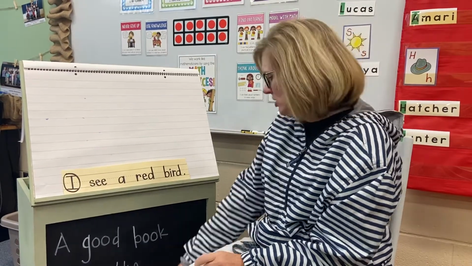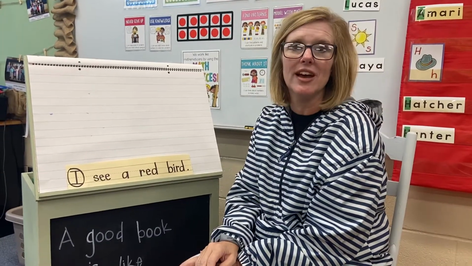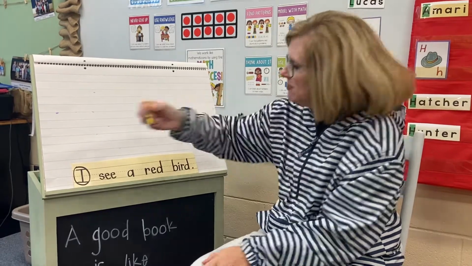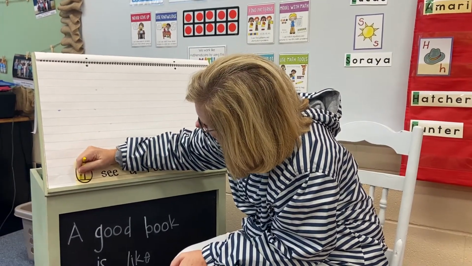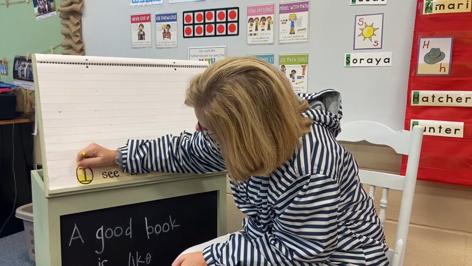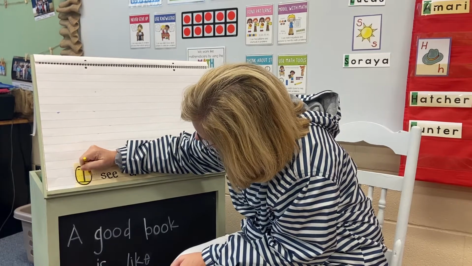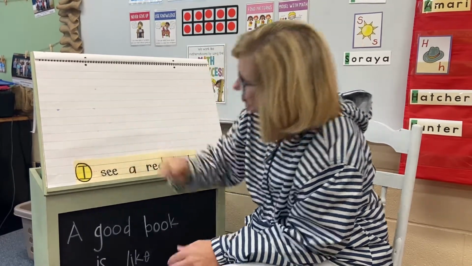So what we do sometimes in kindergarten is when we see a sight word, we color it yellow. Sight words make us think of the color yellow. So I'm going to do that right now. I'm going to color I yellow because it's a sight word, and that'll just help me remember that I is a sight word and it's a word that I already know.